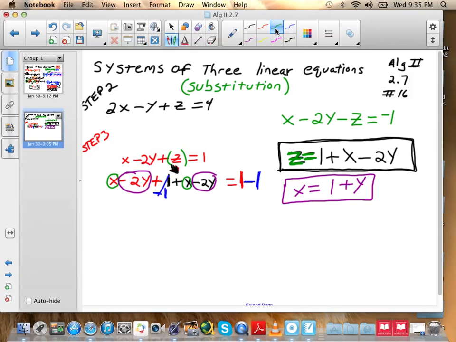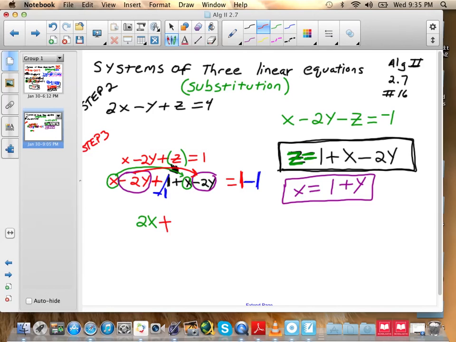So x plus x is 2x, and negative 2y and negative 2y is going to be, wait, where did I? Yeah, okay, I'm sorry.